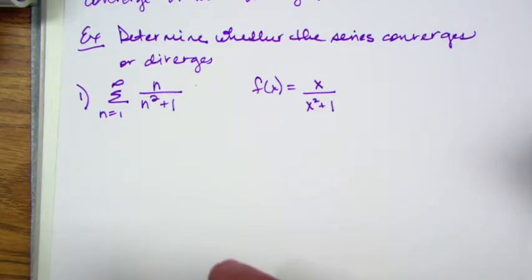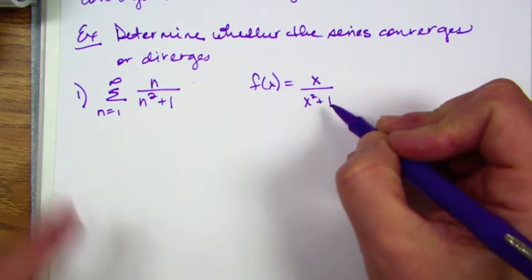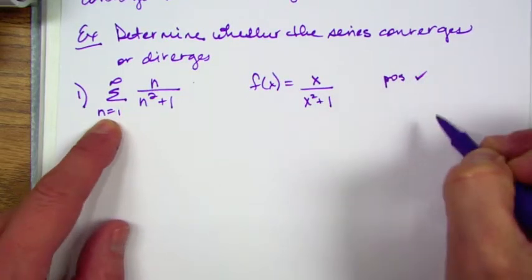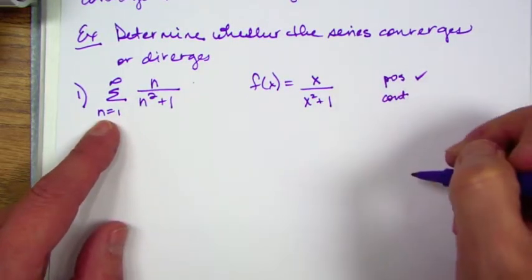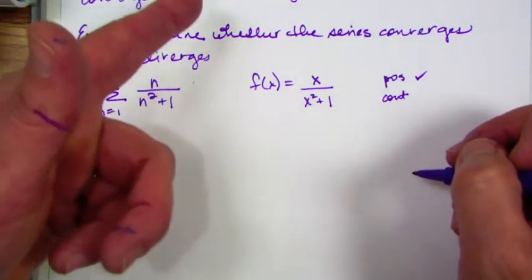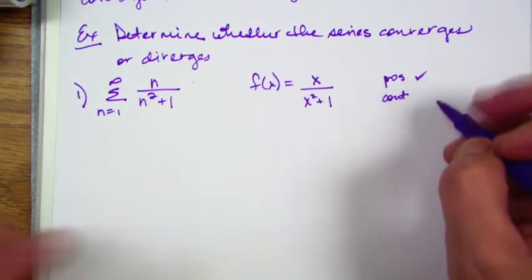I have to verify that it is positive, right? For n greater than 1, because that's where it started, will this be positive? Yes, check. Is it continuous? Is there any value with x being greater than 1 where this will not be continuous? No. Nope, so I'm good.